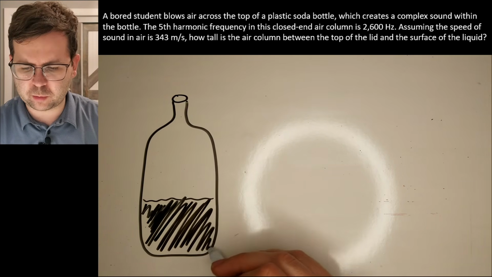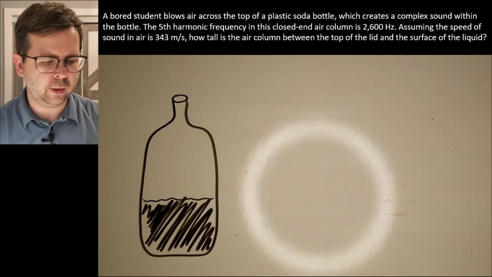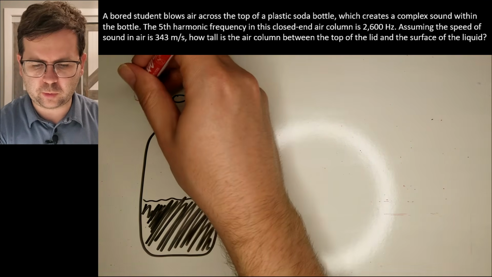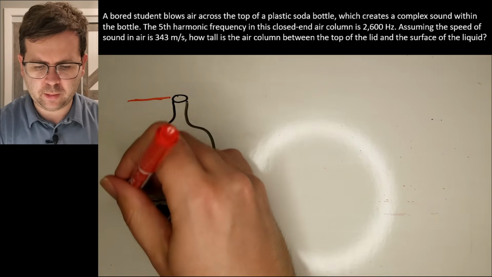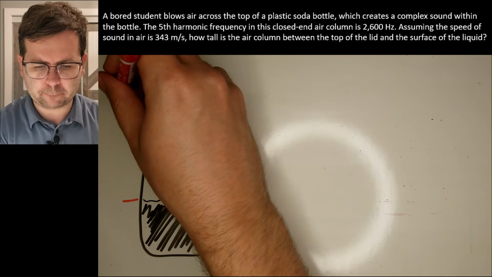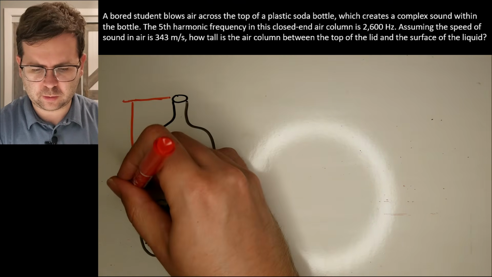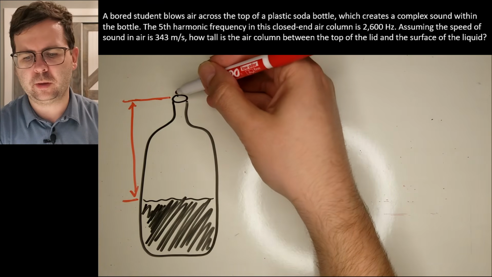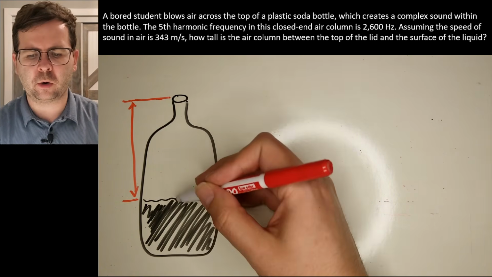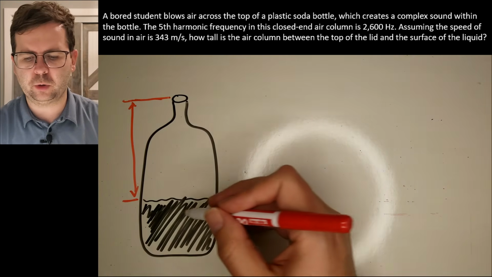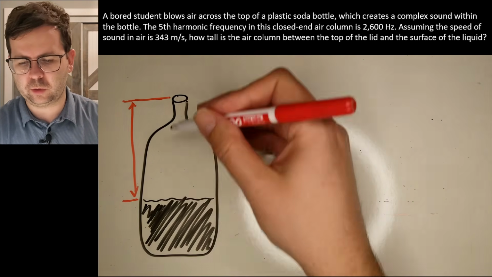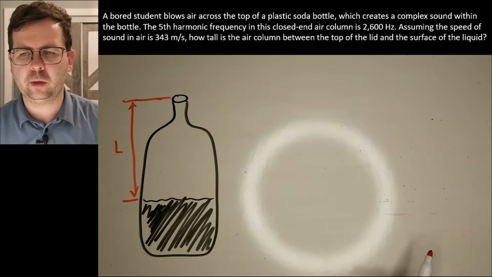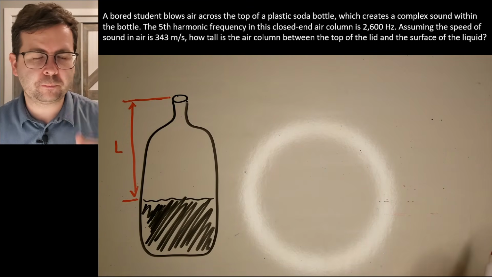So we have some amount of liquid in this bottle, and what we really want to know is the distance between the top of the lid here and the surface of the liquid. That's what we're asked to find. And this also happens to be the length of the air column before it turns into the liquid surface. So this is the capital L that we're trying to find.